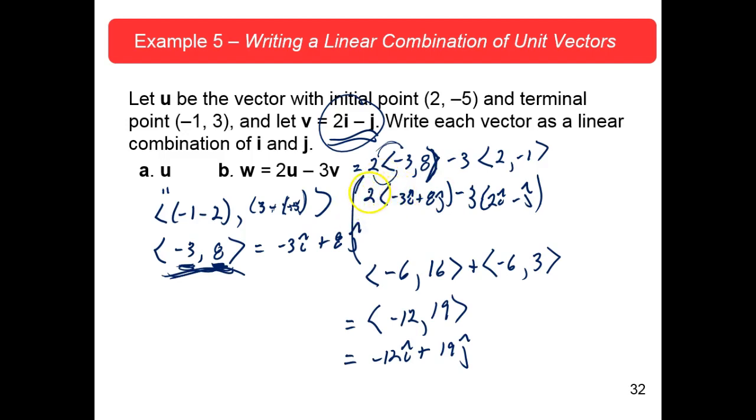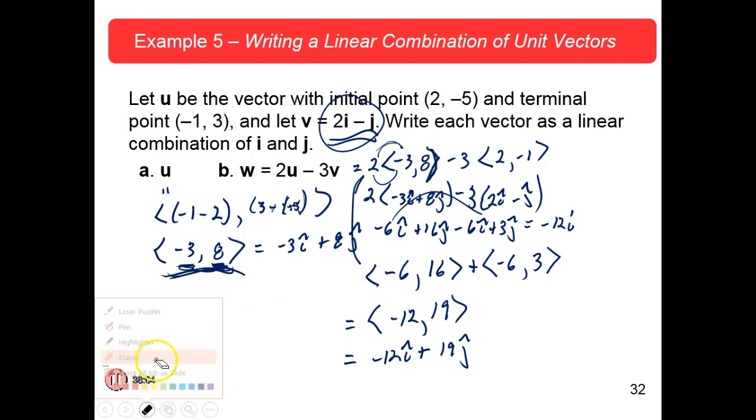That would be -6i plus 16j minus 6i plus 3j, and then you basically combine like terms. -12i plus 19j.